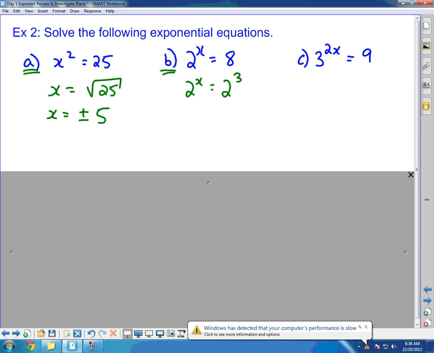So what we didn't hear on the video is we are going to ignore the bases now. Because this is 2 to the power of x and this is 2 to the power of 3, they have the same base. The only way these can be equal is if their exponents are equal. So we actually step outside the question and say, hey, this is the same base, this is the same base. The only way these can be equal is if their exponents are equal.